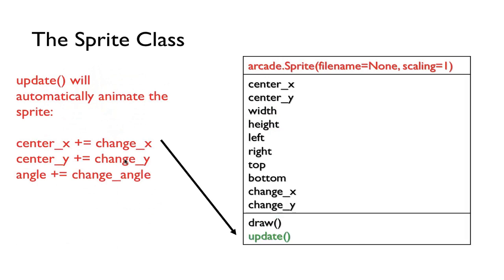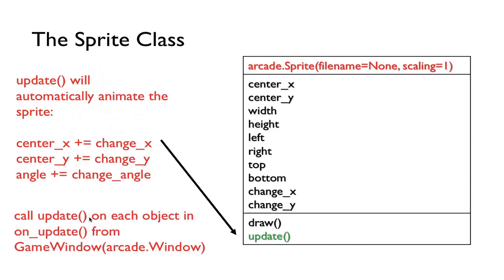By default, the update method simply adds change X and change Y to the center X and center Y, which allows us to move the image. It also adds the change angle to the angle, allowing us to rotate it. So if we specify change X and change Y, this will automatically move the sprite if update is called. And if I specify change angle, this will also rotate the sprite by an angle.